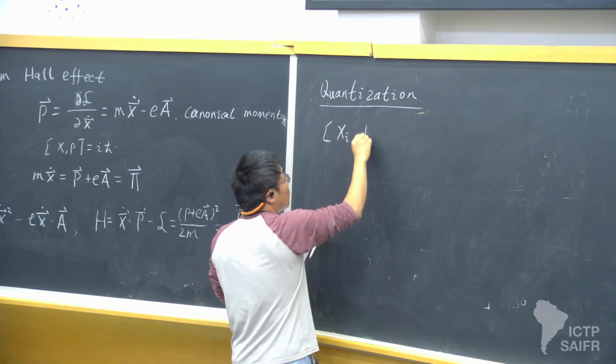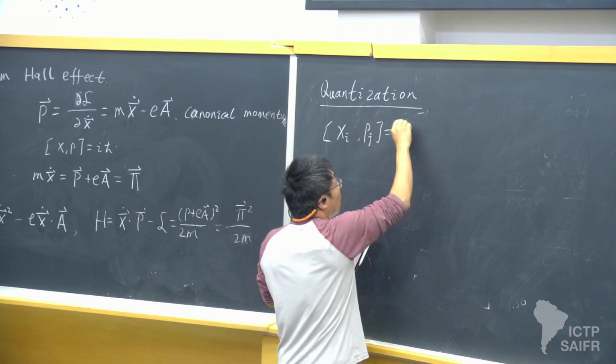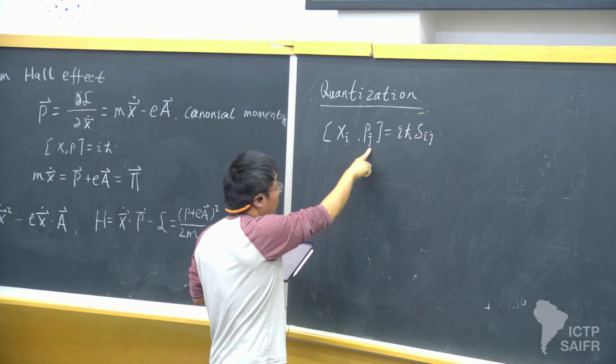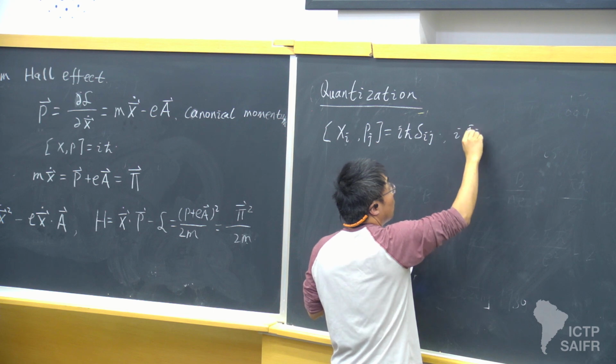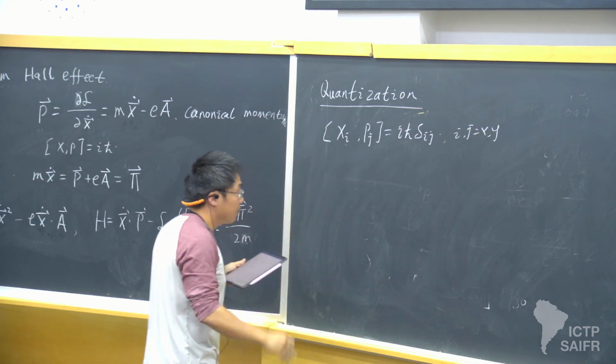Now I'm putting indices into these commutators. This i and j are really just taking values between x and y, or 1, 2, if you prefer, right?